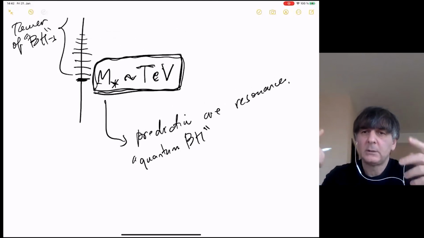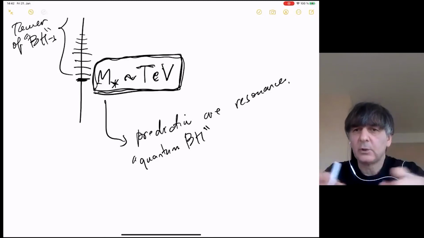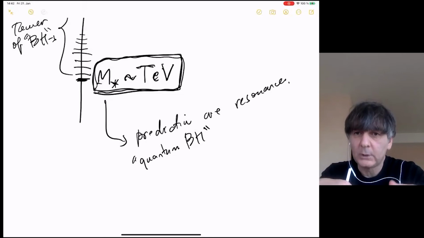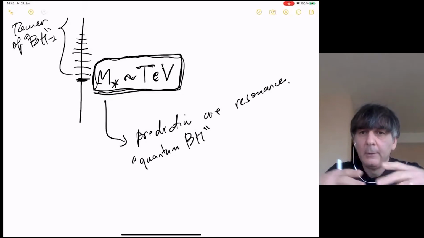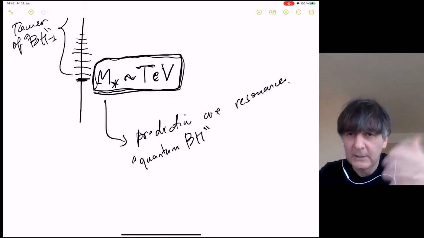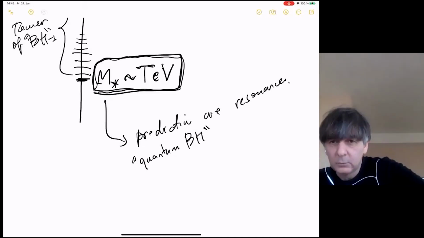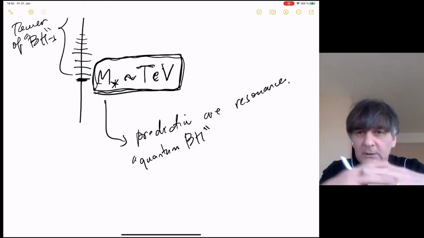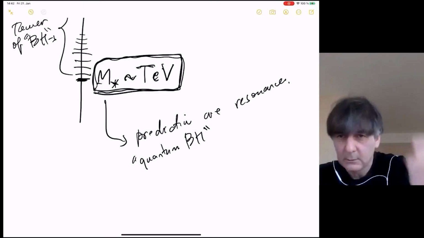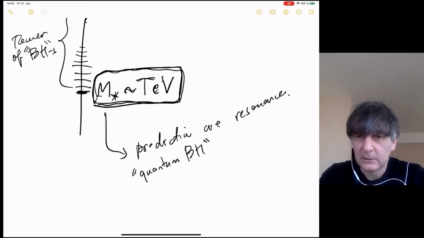So I would expect this resonance, if it has anything to do with quantum gravity, to decay with high probability back into the same quarks, and so the signal should be some kind of two jets. This will be the characteristic signal of this type of resonance.